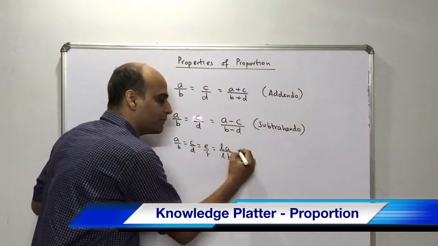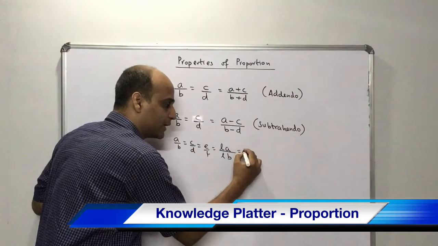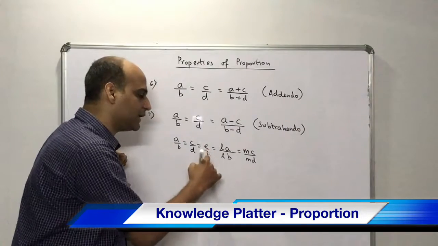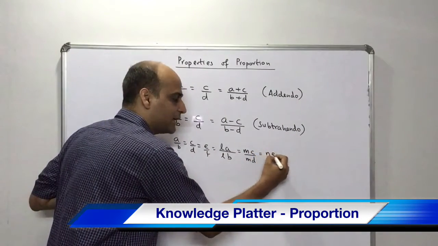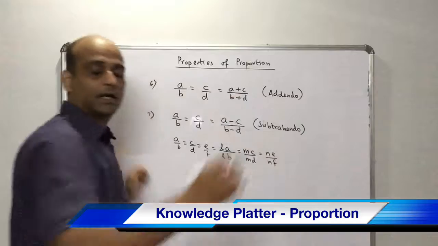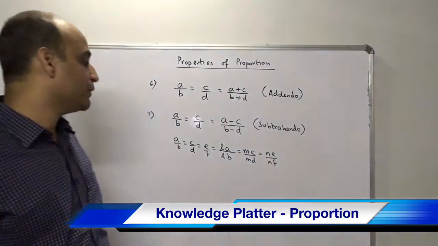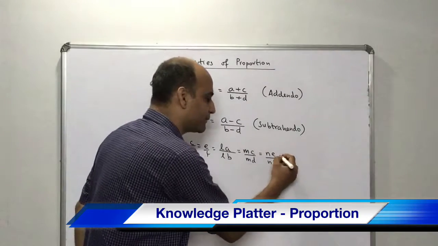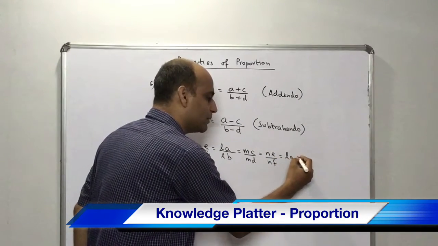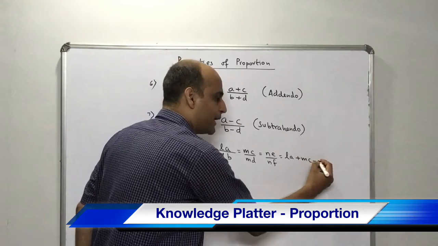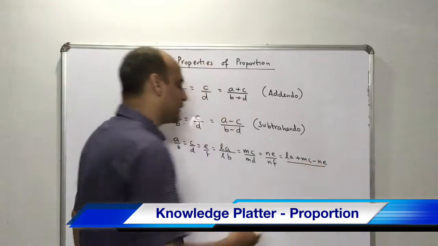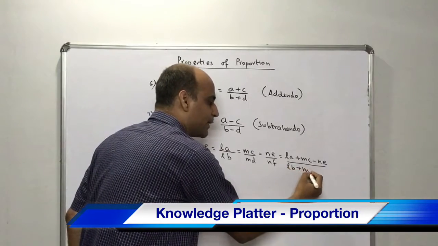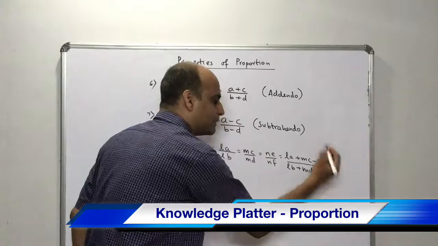Then C and D if I multiply by M, again non-zero value, so M times C, M times D. And E and F if I multiply by N, say N times E and N times F. Now if I wish to add the first two terms and then subtract the third one, what would I get? LA plus MC minus N times E, and here it would be LB plus MD minus N times F.